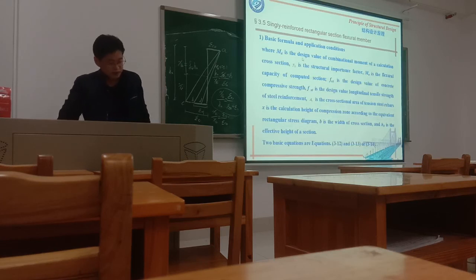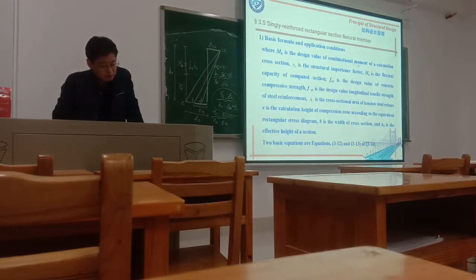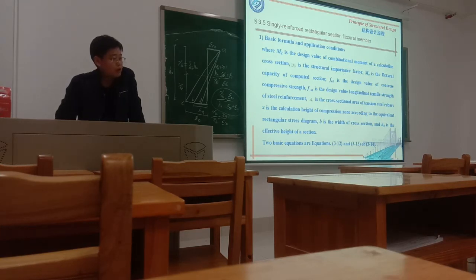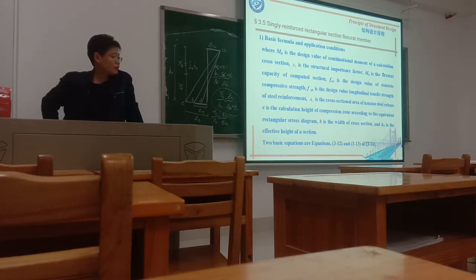Where Md is the design value of the combined moment of the calculated cross section, and gamma 0 is the structural importance factor. Do you remember what the value of gamma 0 is? What have we introduced before?